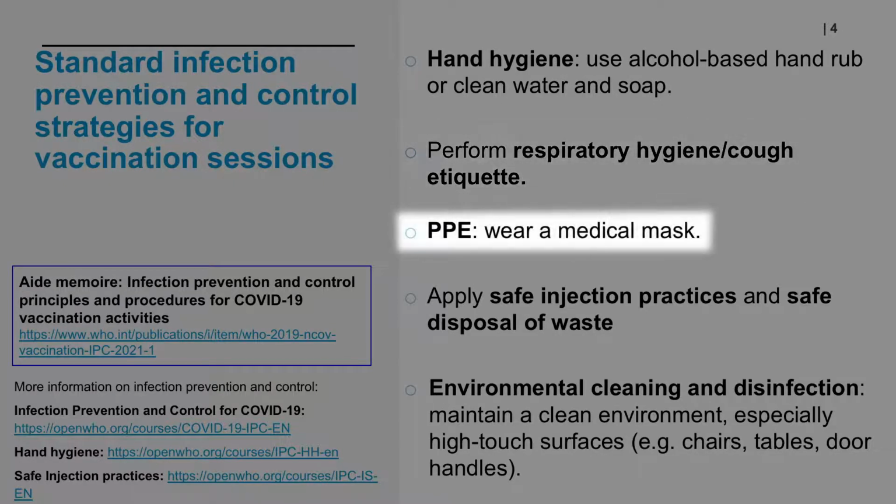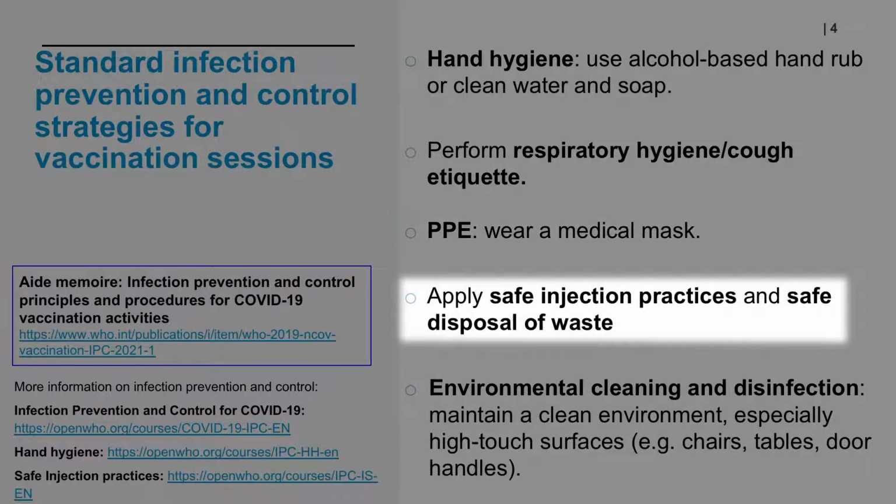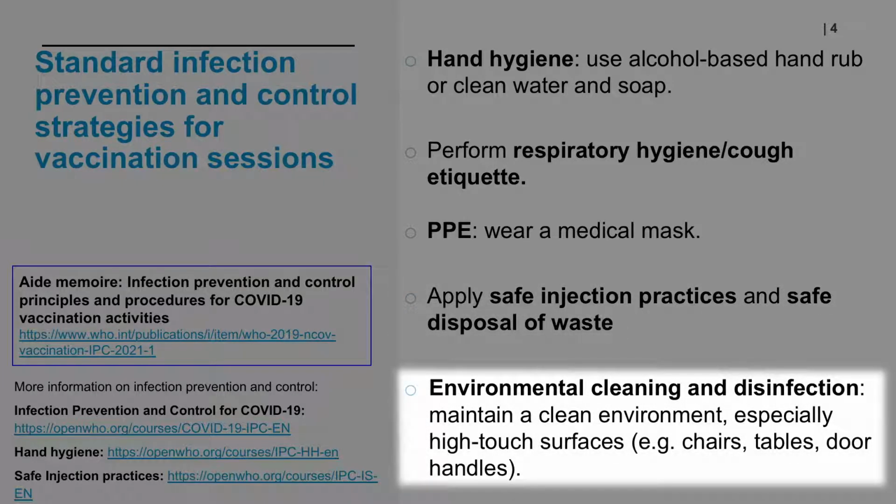Number 3 is the appropriate use of personal protective equipment, or PPE, which in this instance is the need to wear a medical mask for vaccinators. Number 4 refers to applying safe injection practices and safe disposal of waste, as well as maintaining environmental cleaning and disinfection, which entails maintaining a clean environment and paying special attention to high-touch surfaces.